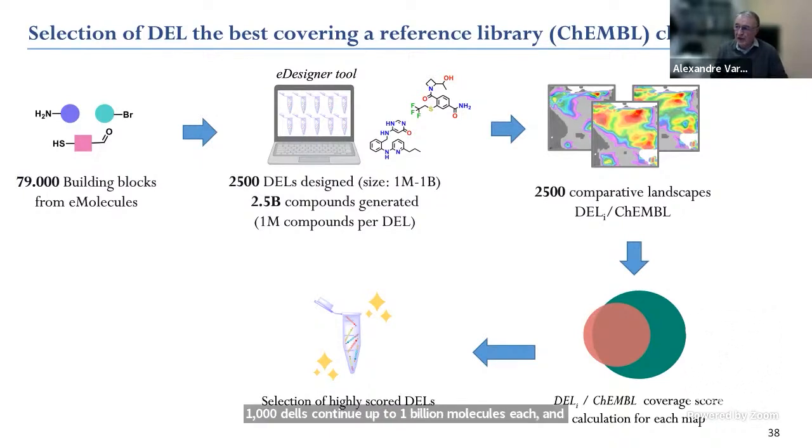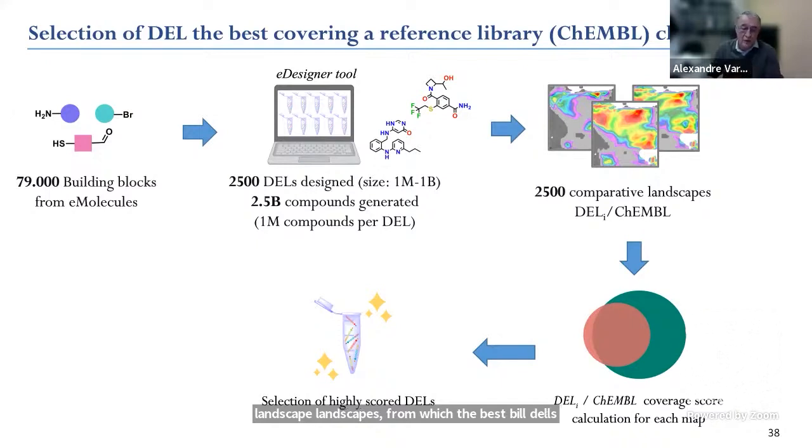And then for each DEL, we randomly selected a set of 1 million compounds, and each sample was then intersected with the Campbell database. In such a way, we considered 2,500 class landscapes from which the best DELs were selected according to the coverage score.